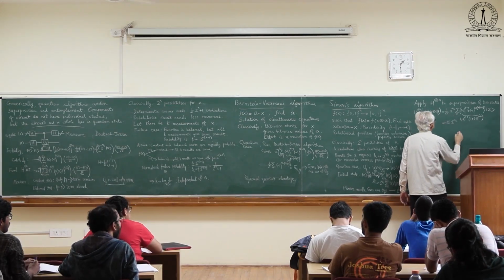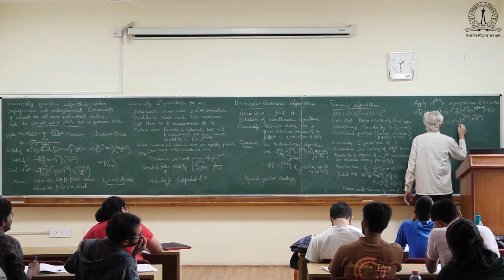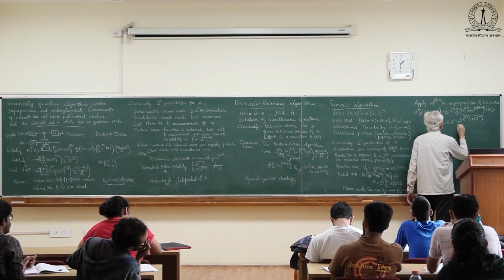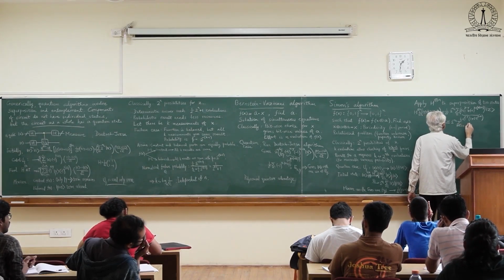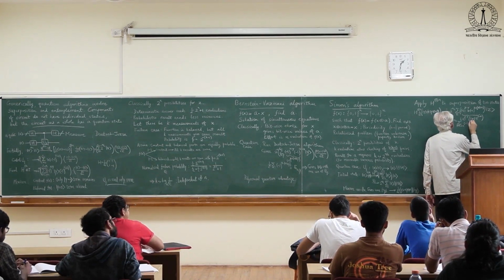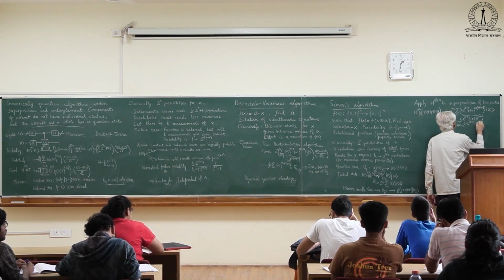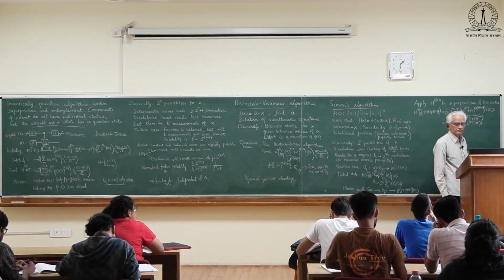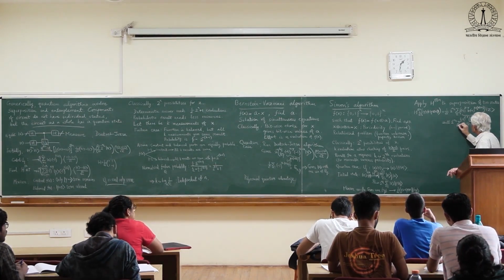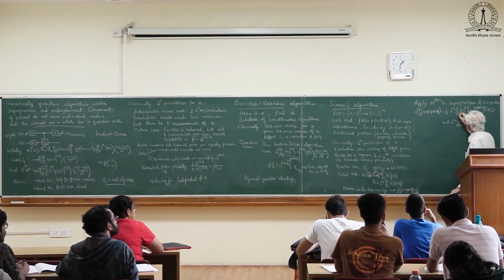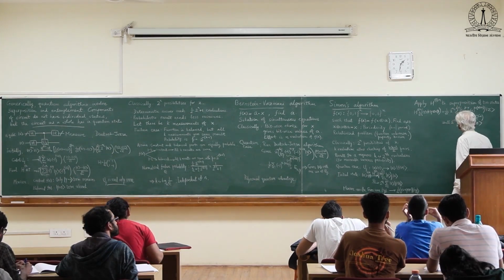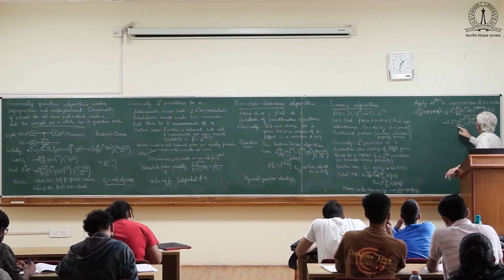So the 1 by root 2 can be combined, and the summation which was over 2 raised to n minus 1 possibilities is now restricted.